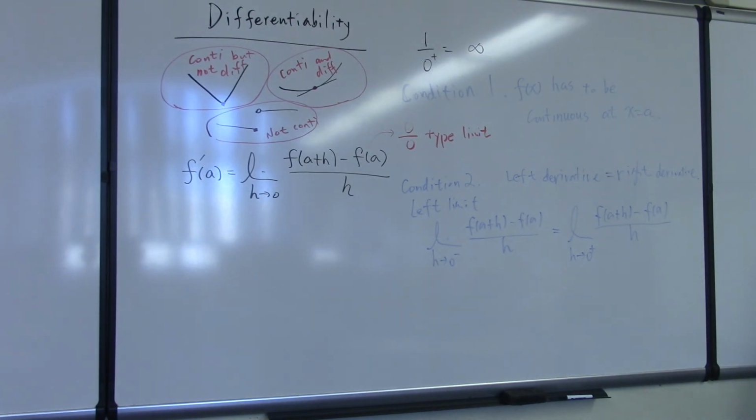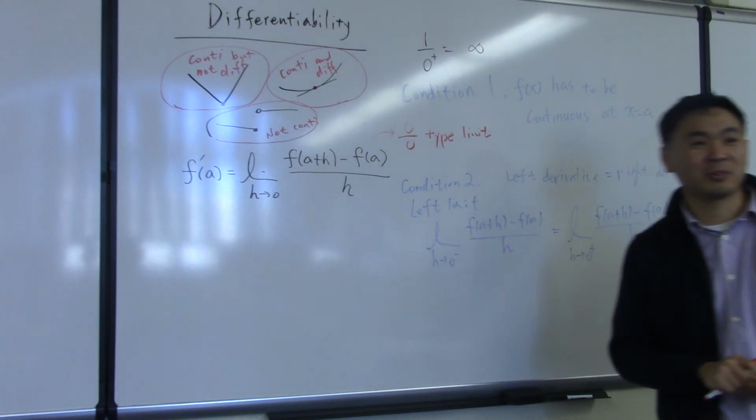This is basic logic. I mean, if you're able to follow detective movies without a problem, you should be able to answer this question. We did all this analysis. Is it possible to have a point that is not continuous but differentiable?